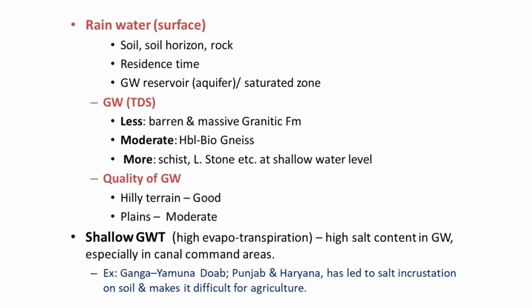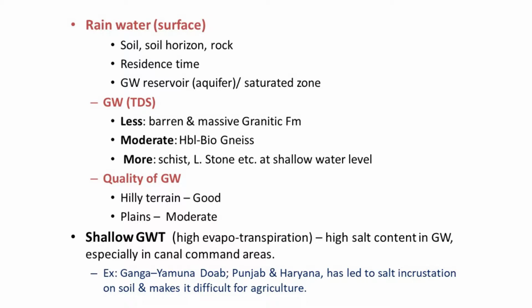While if the groundwater crosses through schist, limestone, etc. at shallow water level, in such groundwater we will get more total dissolved solids. So the quality of groundwater depends upon various factors, that is, their journey through different types of rock formations and their residence time before actually reaching the saturated zone or the aquifers.